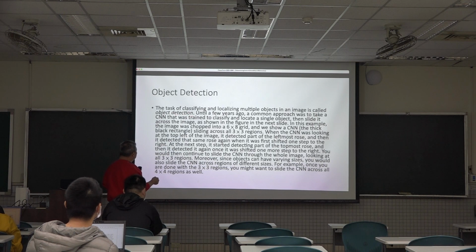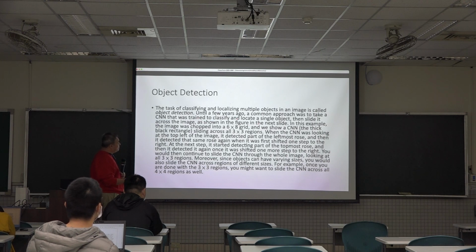Until just a few years ago, a common approach for object detection was to take a CNN that we already trained to classify and locate a single object, and slide it across the image.